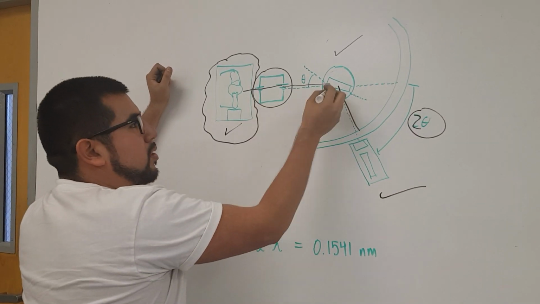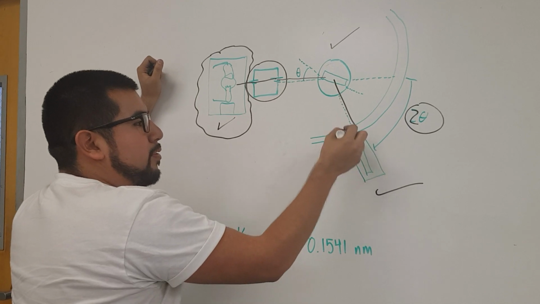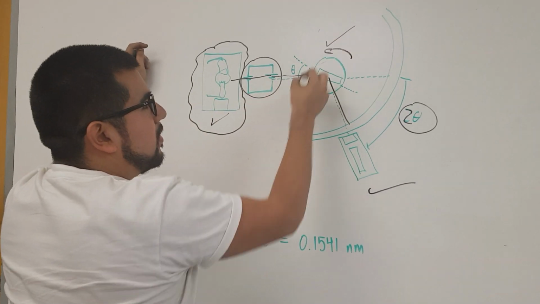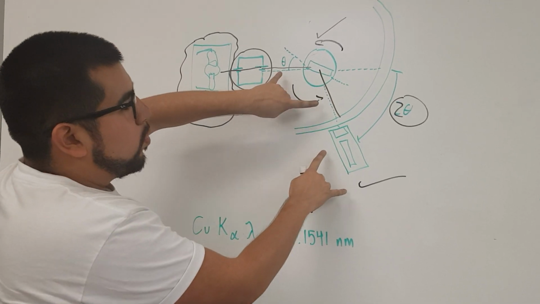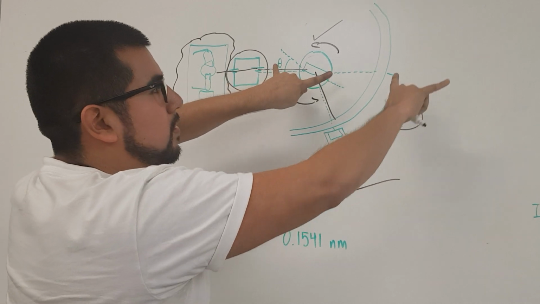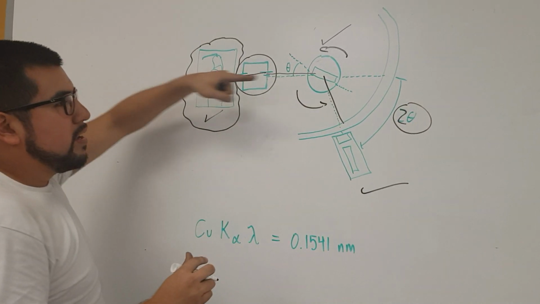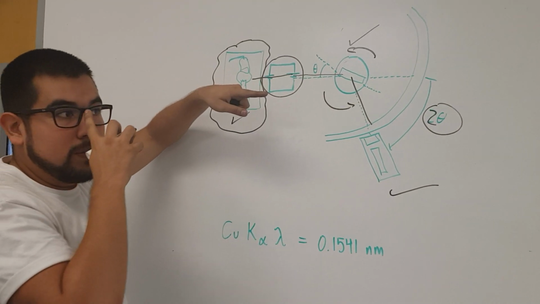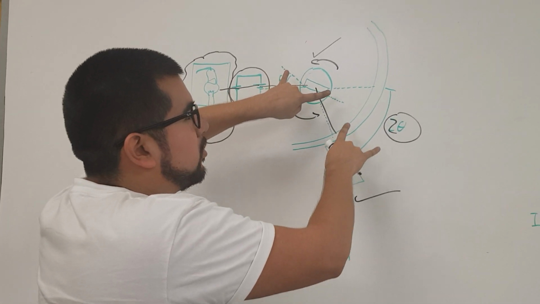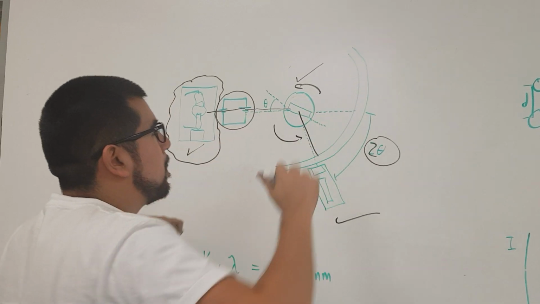So the beam comes here, it bounces back, and it falls in the detector. This will rotate with the detector, so the sample will make this movement, and the ray will be continuous. So what the machine is getting is readings of the intensity.